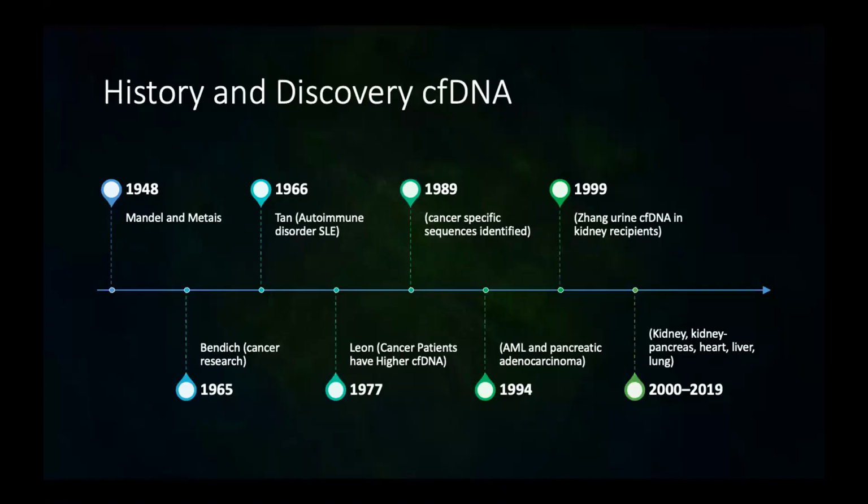So a brief history, and I'll walk you through this timeline. In 1948, Mandel and Matthias were the first scientists to discover that. Later on, they thought about applying this in cancer research. The cancer cells will undergo turnover and spill the content.